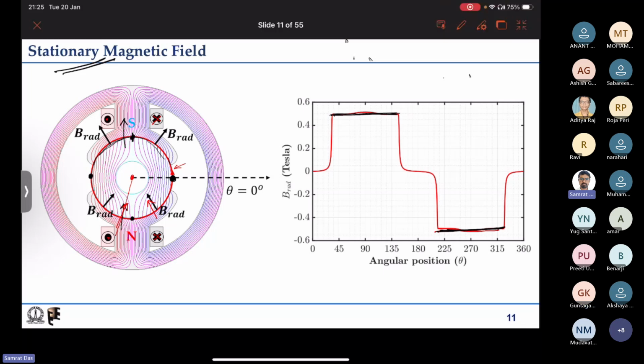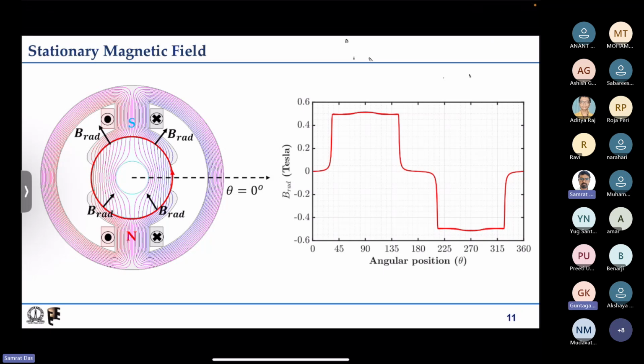Here we are giving a constant DC voltage and DC current. How is this back EMF created? Right now nothing is rotating. The rotor is not rotating; we are just giving a supply.